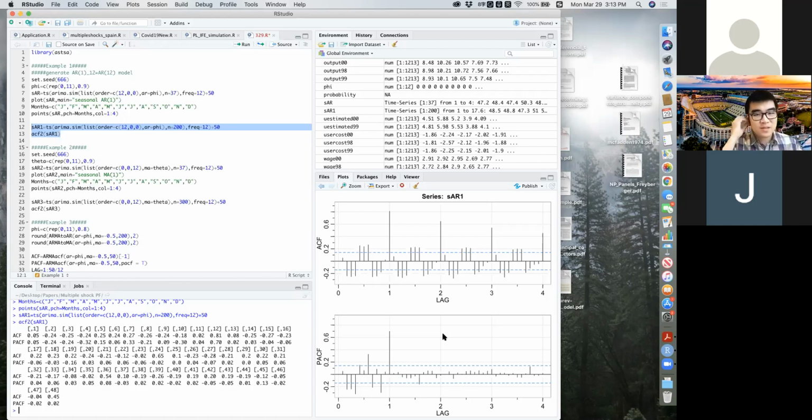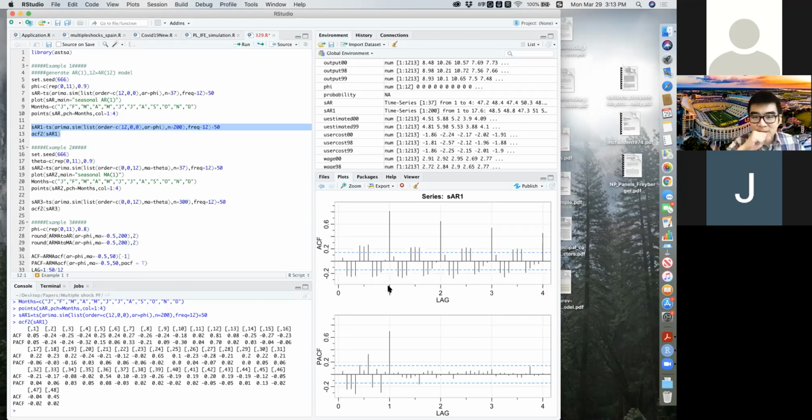This is the theoretical ACF and PACF plot of the AR112 model, because it is the ACF and PACF plot we generate from a true AR112 model. It's like the simulation data. So now let's see what the ACF and the PACF plots look like.